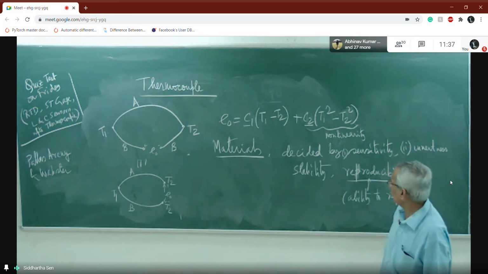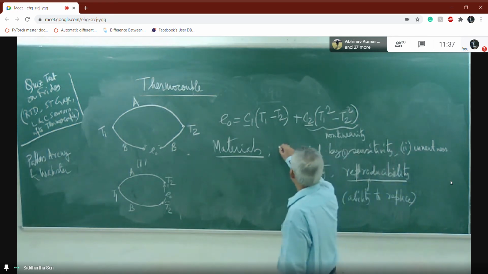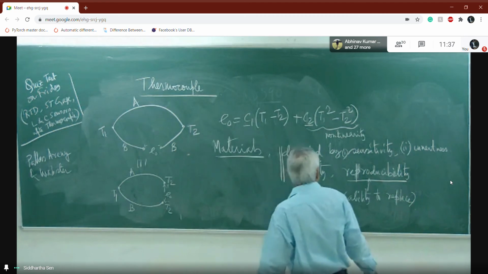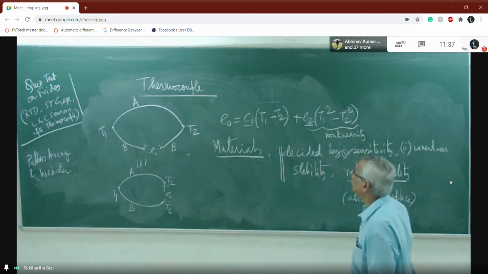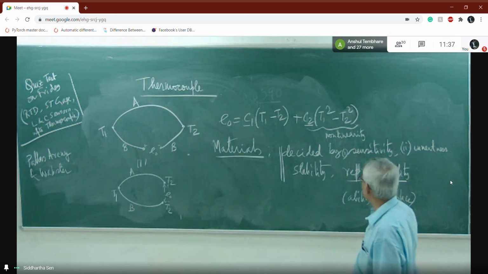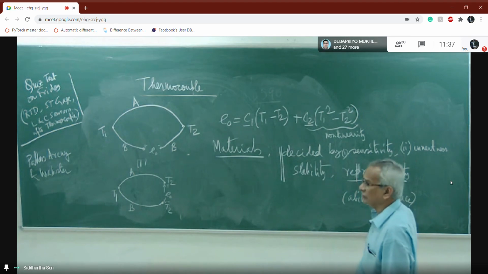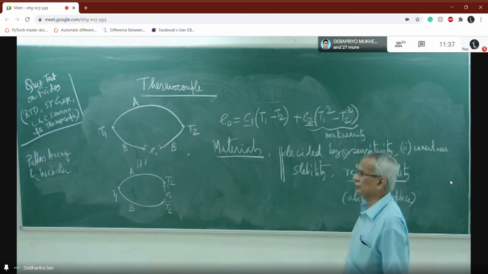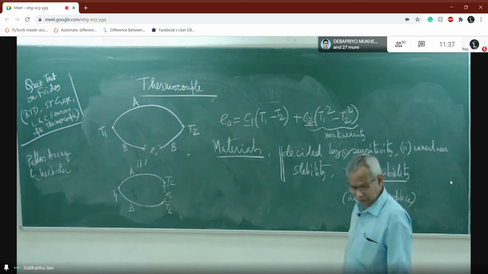So these are all the important criteria because they are used in industrial situations. That makes the selection of the thermocouple, or the choice of thermocouple materials, very limited. Only 5, or as I told, 6 or 7 types of thermocouples are used. What are they?